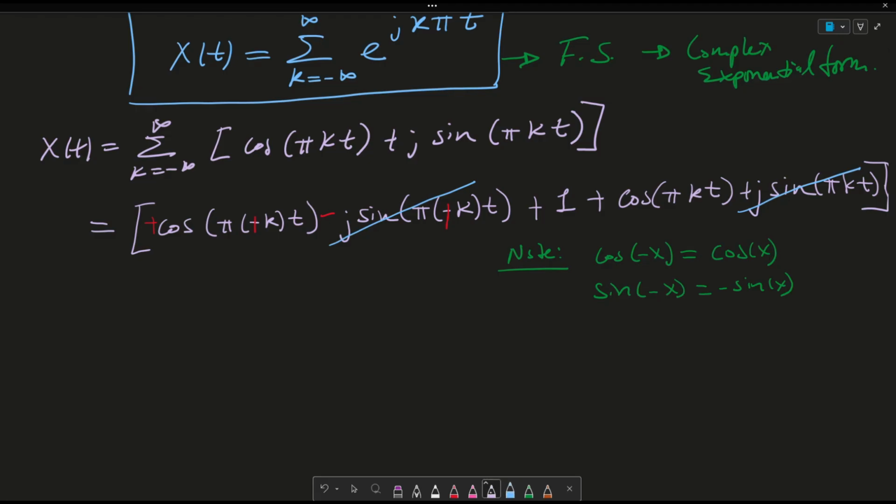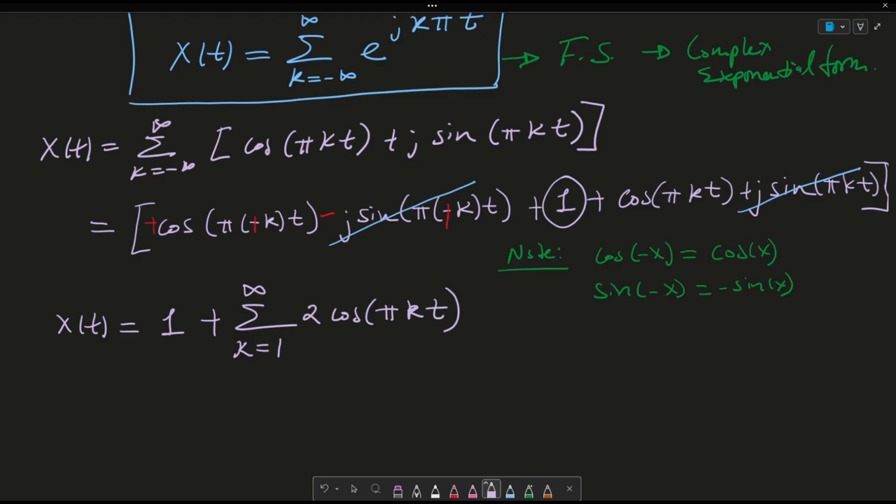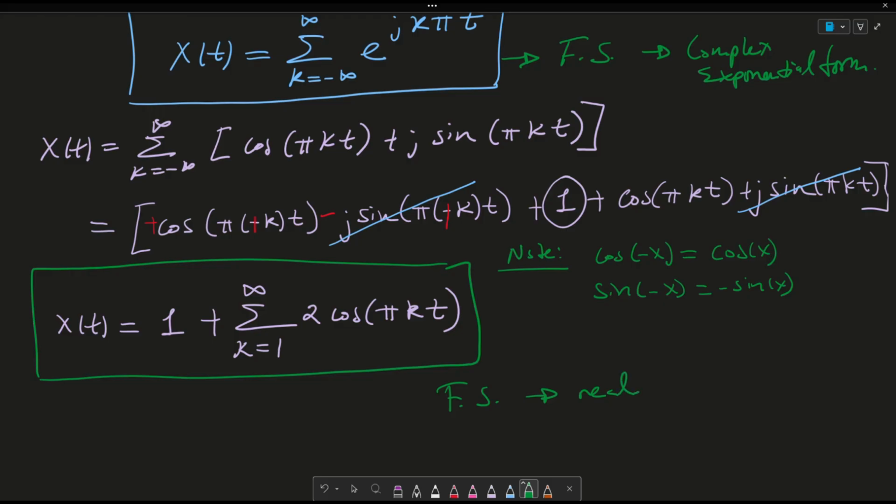So the final solution is we can say then that x of t is equal to, we have this 1 plus, again, the 1 is coming from here, plus the summation of k is equal to 1 to infinity of 2 cosine pi kt. And this here is my Fourier series of the periodic impulse train using real terms.